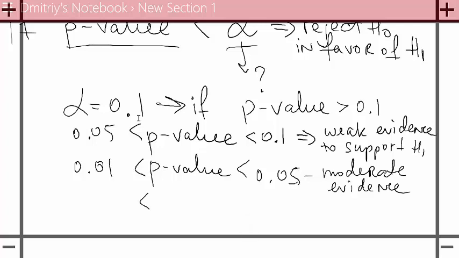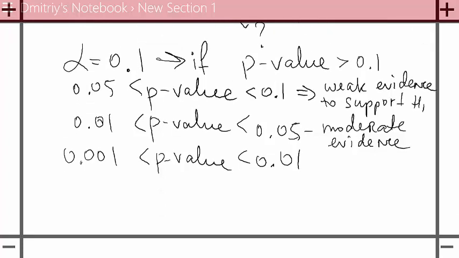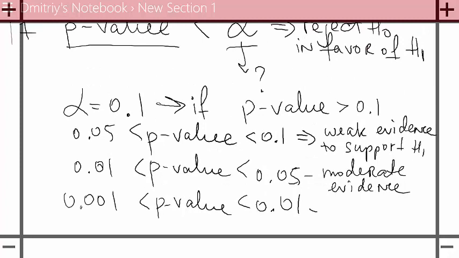Then if the p-value is less than 1% but more than 0.001, more than a tenth of a percent, can you guess? We had weak, we have moderate, and this one is strong evidence, right?